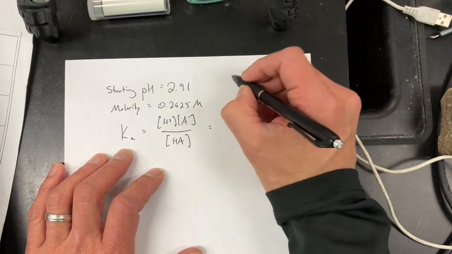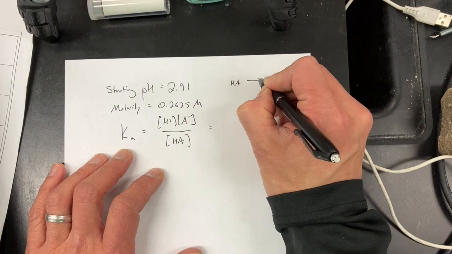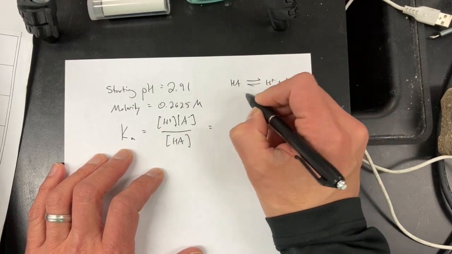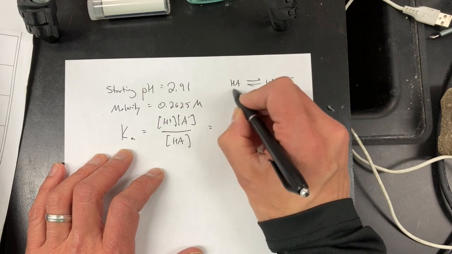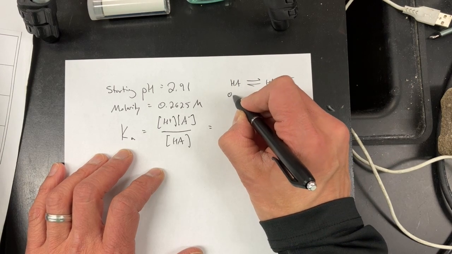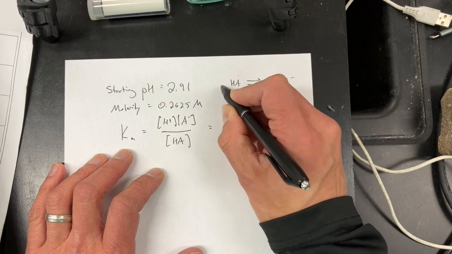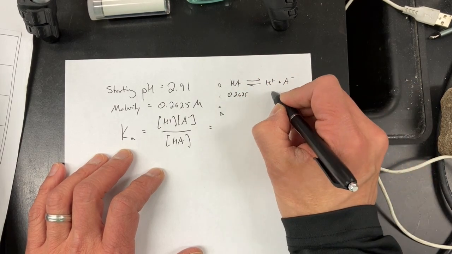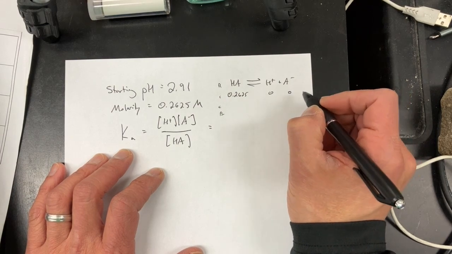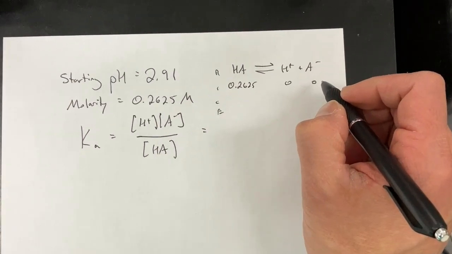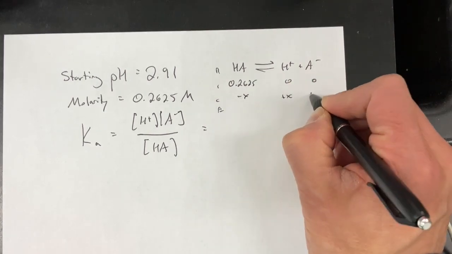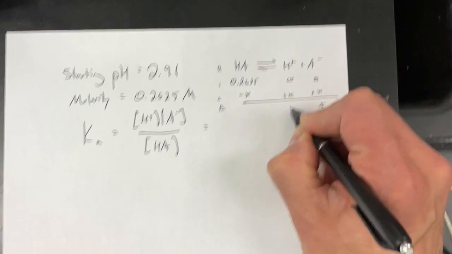Okay, and if I set up a RICE chart how we've done, so if I have HA goes to H plus and A negative, and I have my concentration here, so this is 0.2625, 0 and 0, and minus X, plus X, plus X, all that stuff.